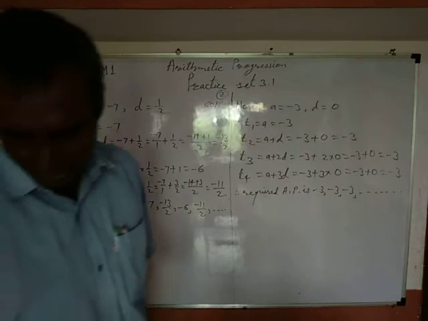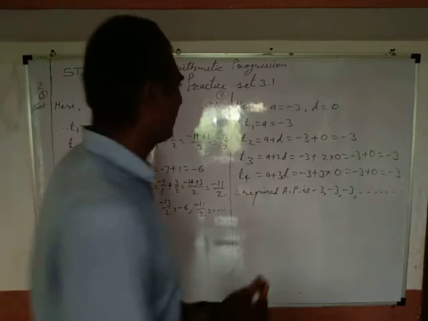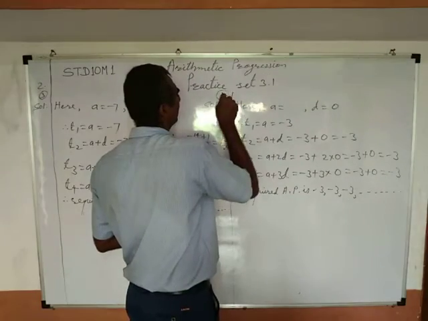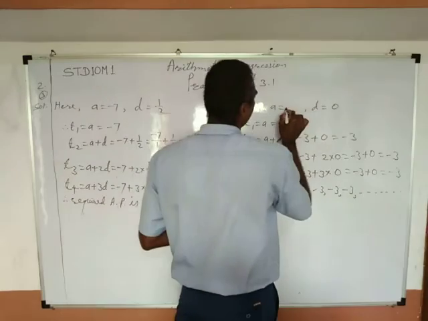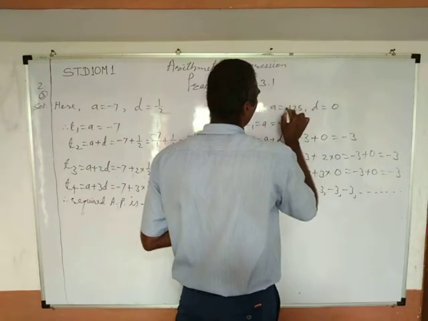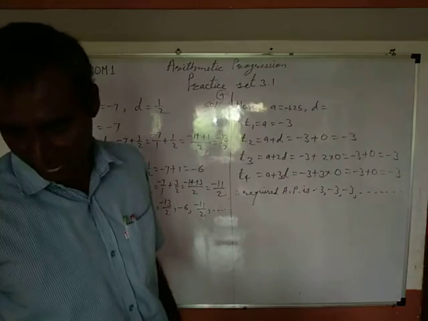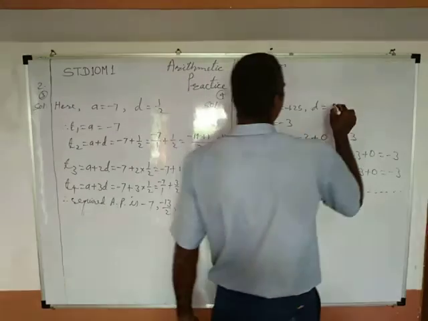Number 4, A is minus 1.25. Question 4th. Solution here. A is minus 1.25 and D is, in this case, 3.